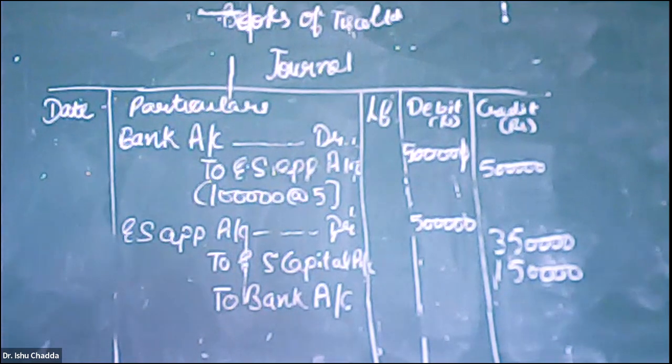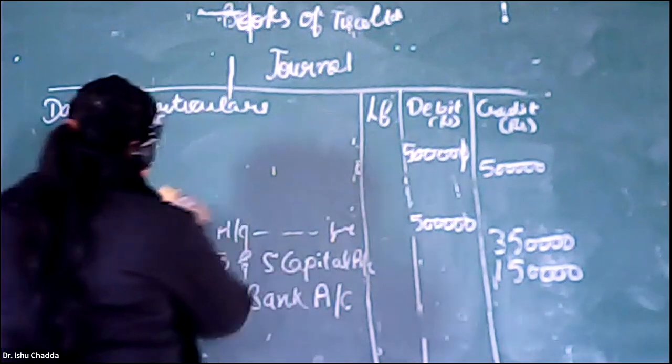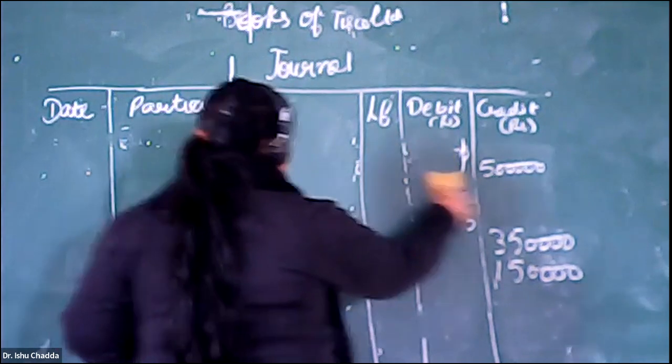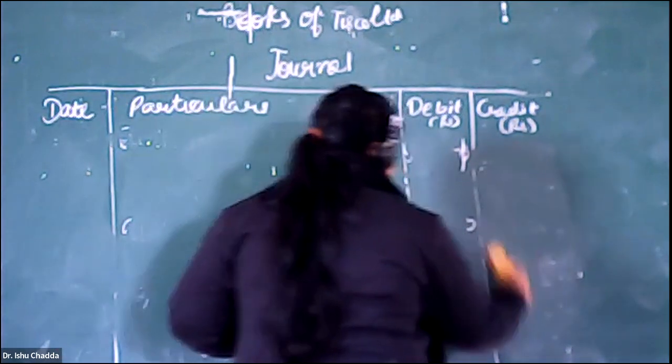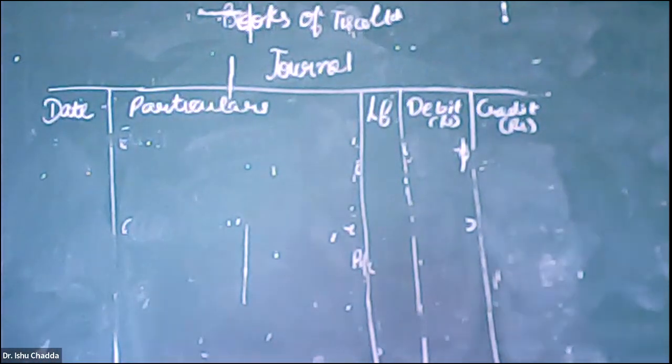The next entry is equity share allotment account debited to equity share capital account, because they have received rupees 8.